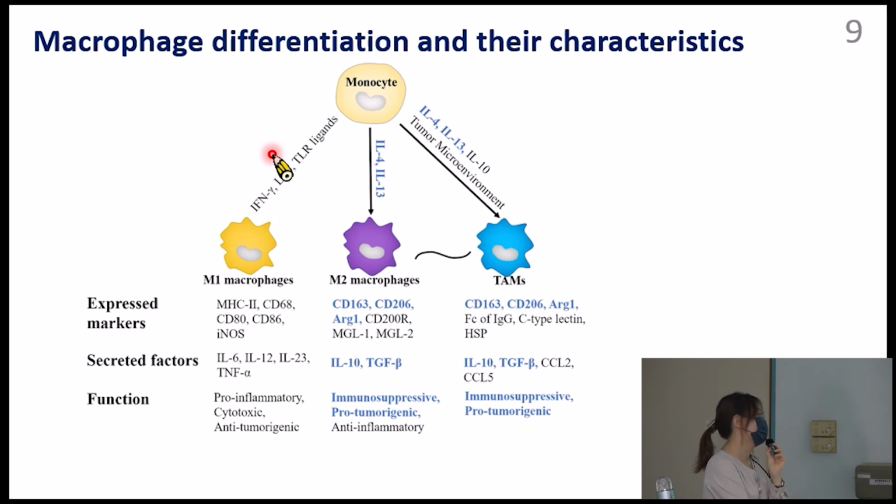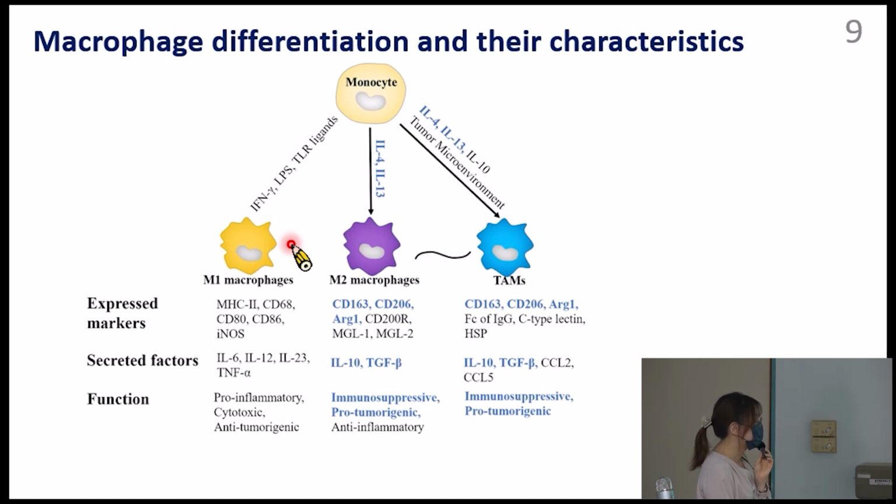Macrophage derives from monocyte, and generally, it depends on the different conditions, because when the condition gives the monocyte some cytokine or different antagonist stimulation, it becomes M1 macrophage, and this kind of macrophage will express MHC class 2 molecules, or CD80, CD86, CD68, or iNOS.